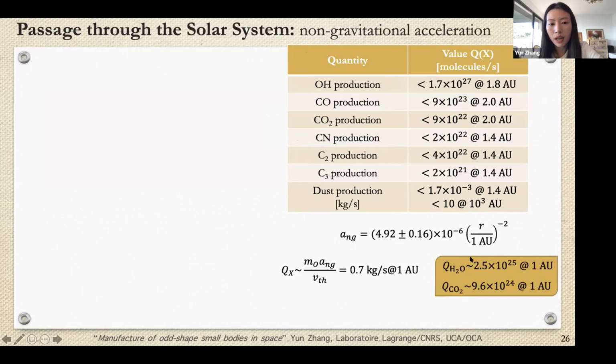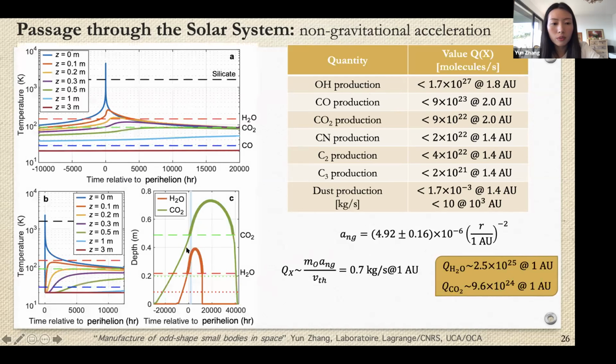If the non-gravitational acceleration is provided by the outgassing mechanism, the required production rate is about 10 to the 25 molecules per second. According to this table, only water ice is a viable source for outgassing that may potentially account for the non-gravitational acceleration.